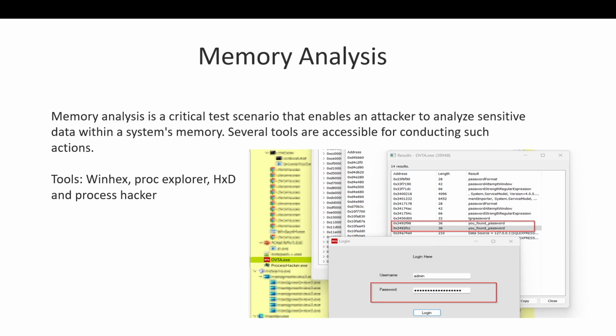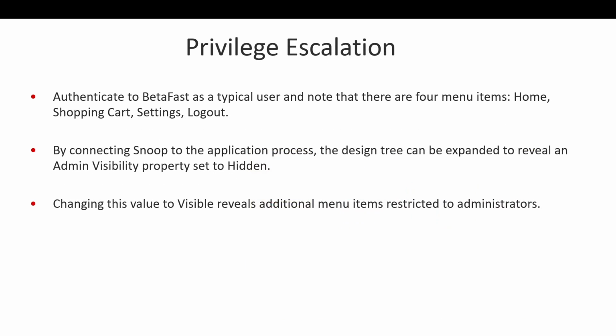Memory analysis is a critical test scenario that enables an attacker to analyze sensitive data within system memory. Once we know that sensitive details might be saved in the memory itself, there are tools to find them and see whether any sensitive details are present or not.